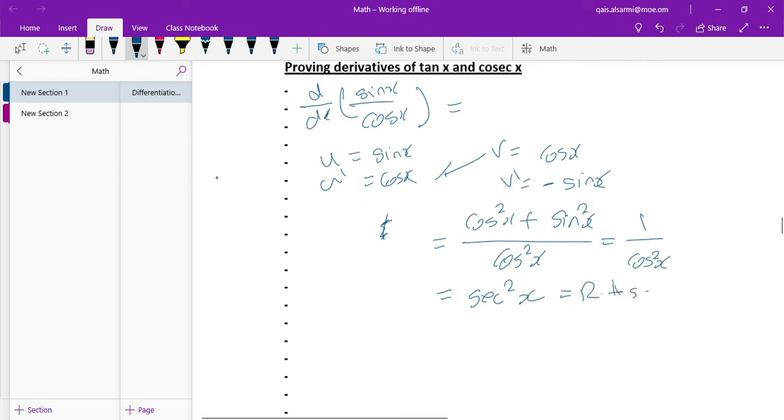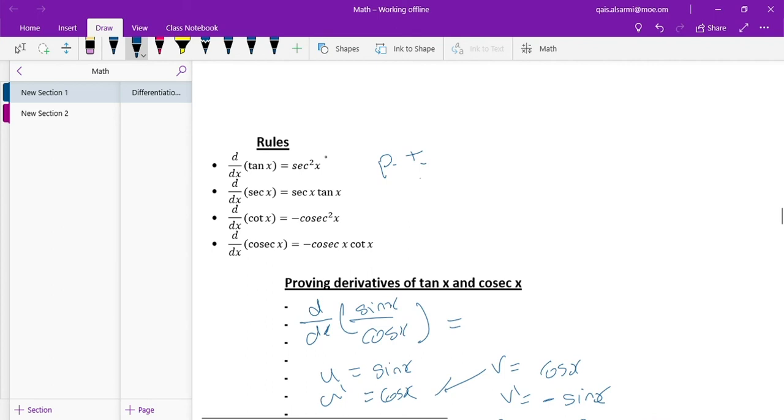Let's repeat it again. Listen carefully, please, all of you. These rules will be given in the formula sheet. So in any ordinary question, if you're looking for the derivative of tan, replace it by sec squared directly, just like that.